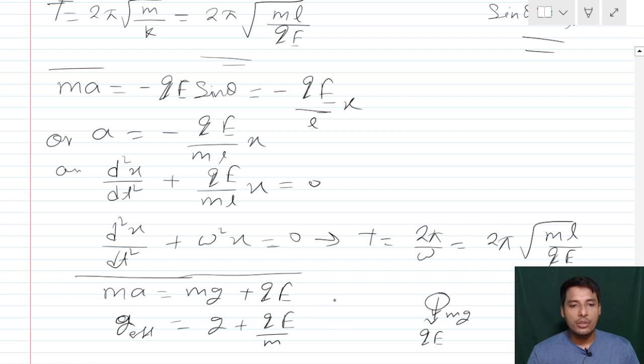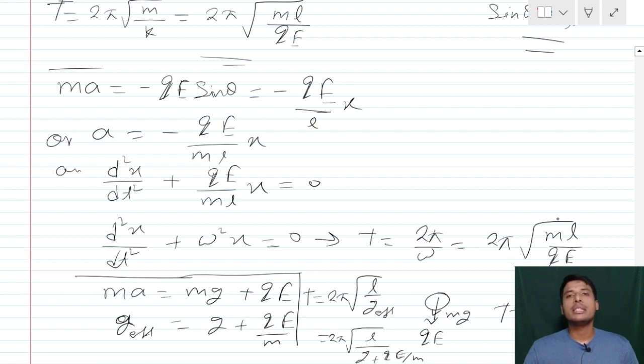Then we can also easily write T equal to 2 pi root over L by g, where g is nothing but g effective. Then we can write 2 pi root over L by g plus qe by m.